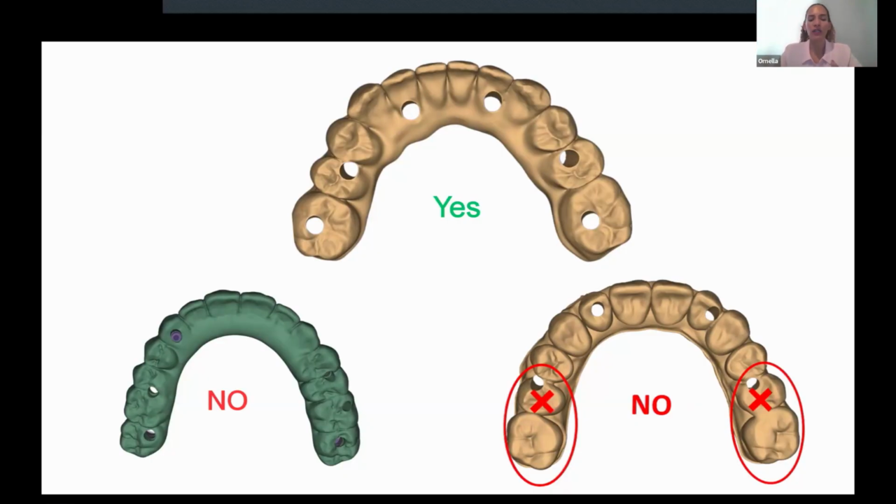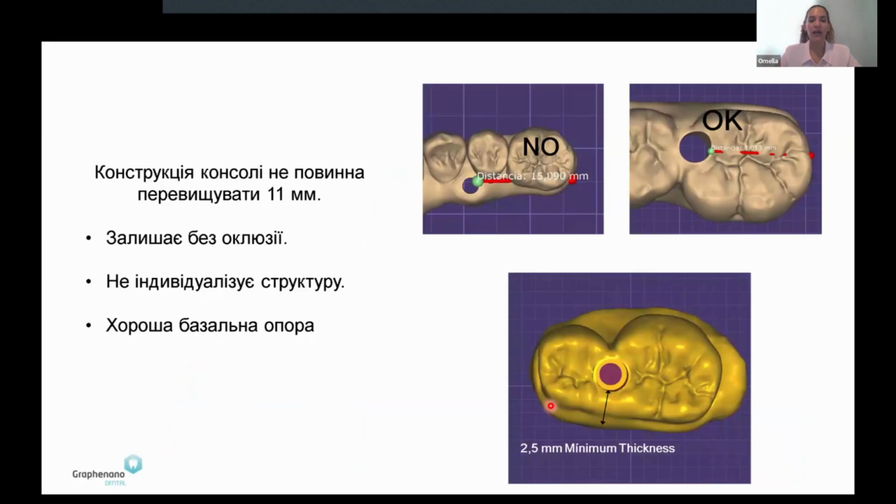The only thing that we need to check in our cantilever is that we have a maximum of 11 millimeters in length, okay, from the mesial area of our connector to the posterior area, okay? Remember, 2 elements in cantilever is not possible, it's going to fail for sure, okay? Maximum 1 cantilever, and remember to reinforce the cantilever.